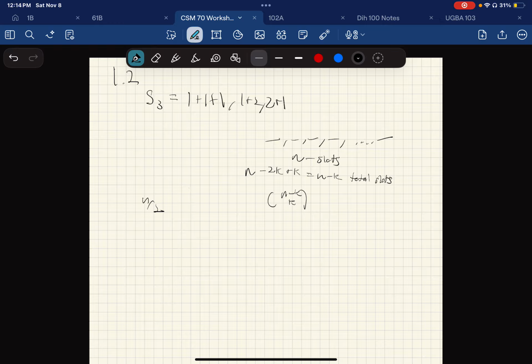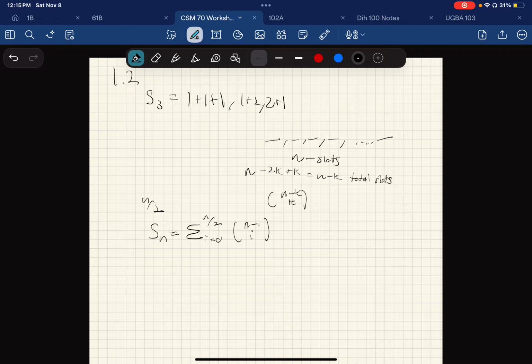So now we have to sum over all the possible ways we can do this. And we can do that by making a sum from where there's 0 twos to the maximum number of twos of our total number of slots every time we choose a 2.